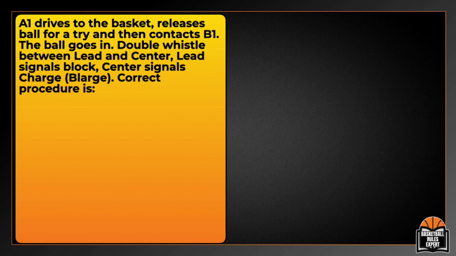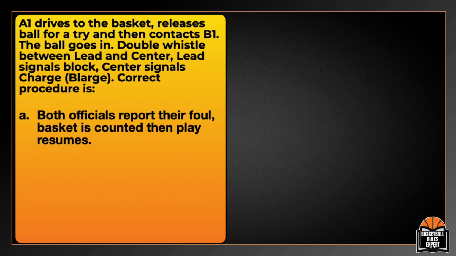A1 drives to the basket, releases the ball for a try, and then contacts B1. The ball goes in. Double whistle between lead and center. Lead signals block. Center signals charge. It's a blarge scenario. Our correct procedure is: A, both officials report their foul. Basket is counted.